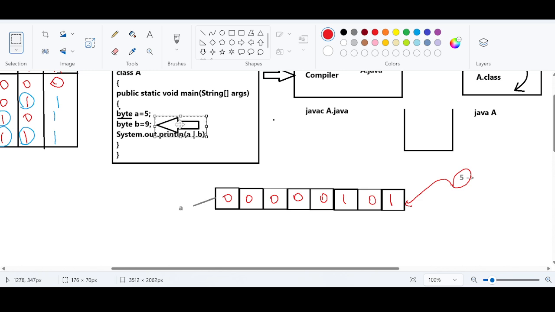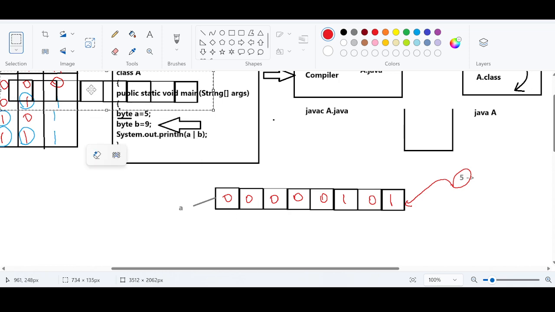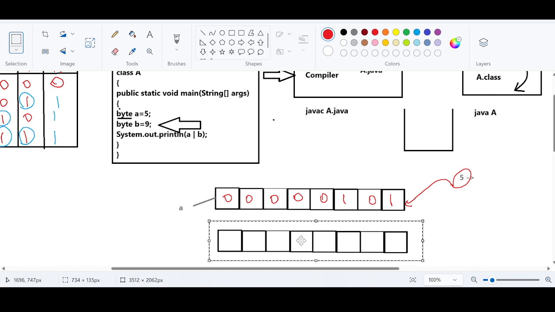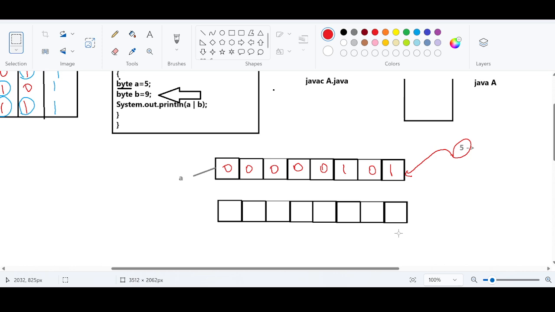The main thread will execute the next instruction, which is byte b = 9. Again memory will be created for the byte data type, and you want to assign the value 9 to the variable b. This is what will happen behind the scenes.